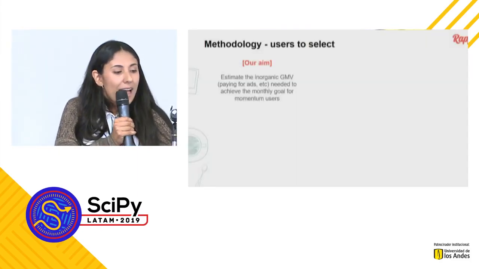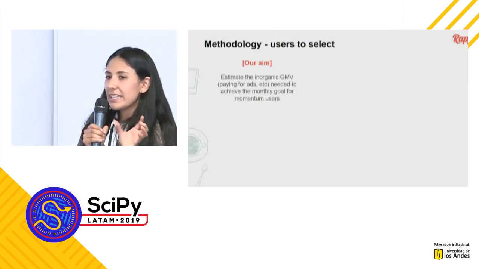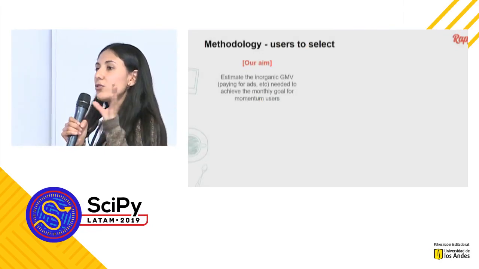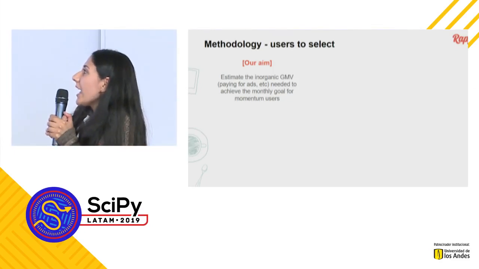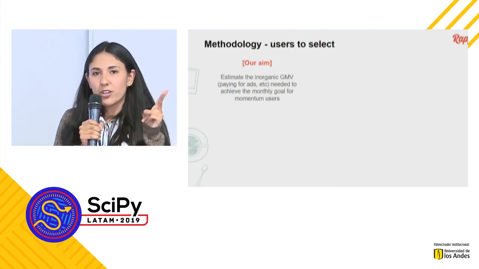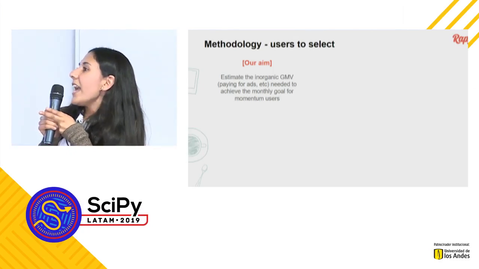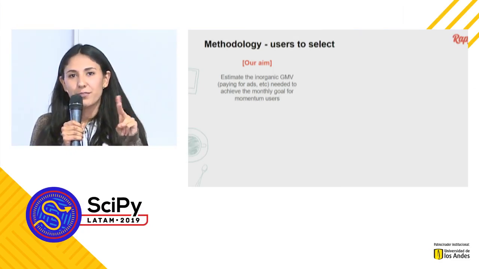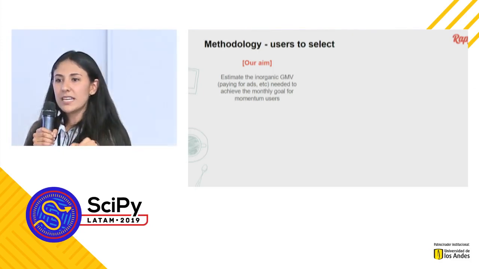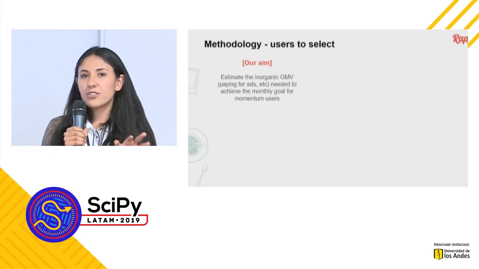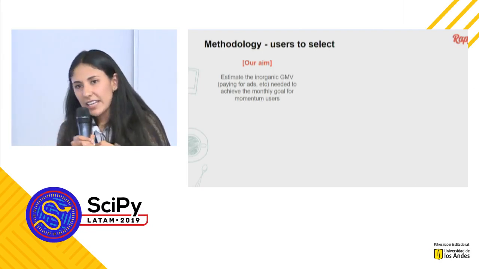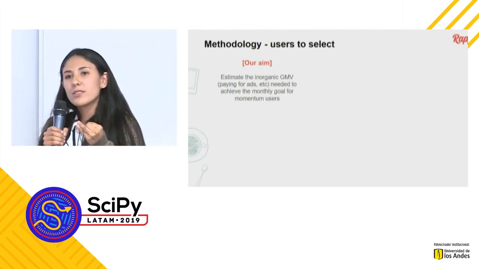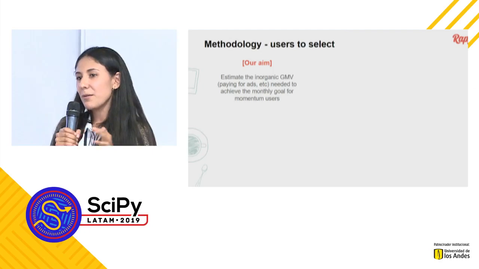After defining the priorities, what we needed to do was to define to how many users to give the incentives. For doing this, I will define two concepts that are important. Rappi has two types of income. The first one is organic income, that is the income that comes naturally from users without the need of marketing campaigns or incentives. And the other is the inorganic income, that is the one that comes with offers or with marketing campaigns.